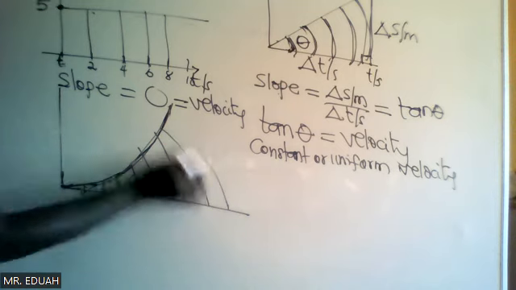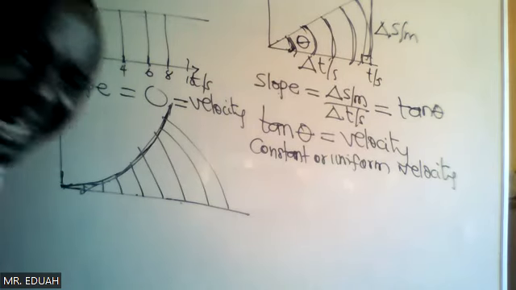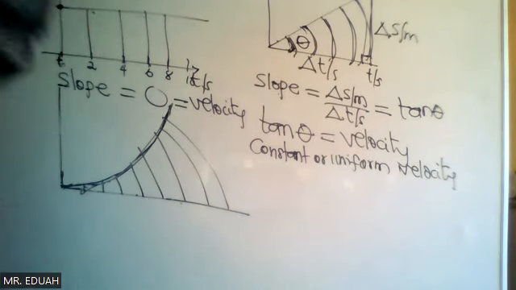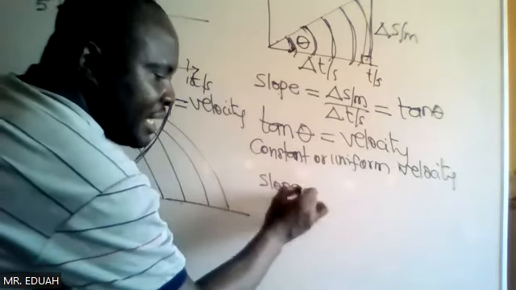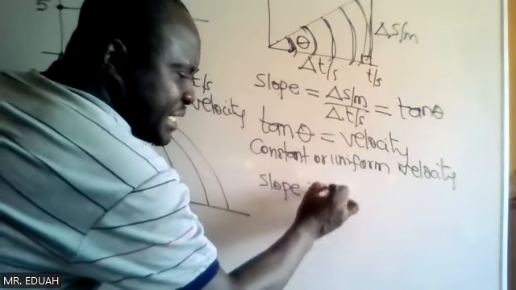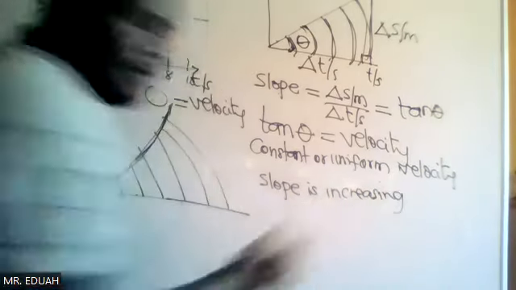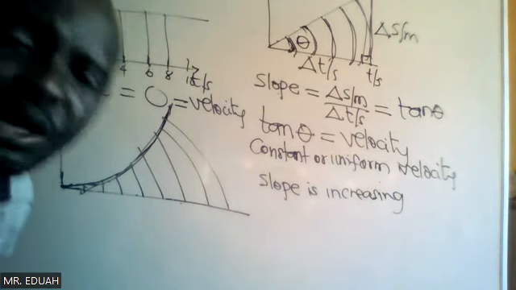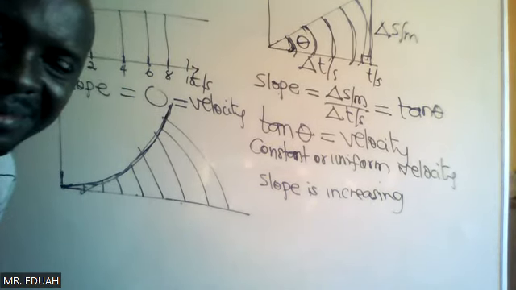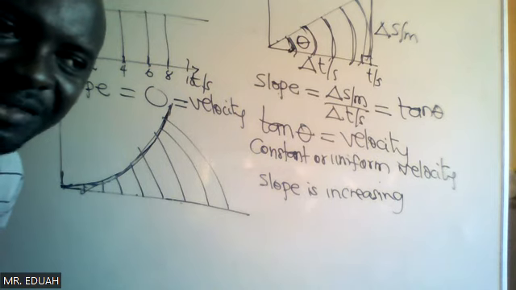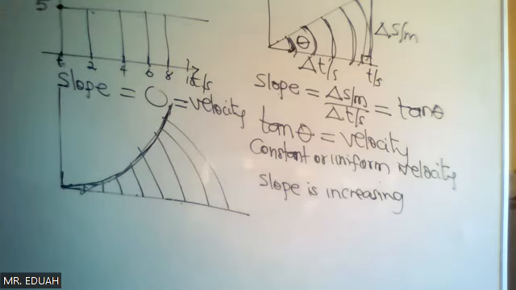Well, the angle is increasing. Now, if the angle is increasing, then it means that the slope is increasing. If the slope is increasing, then what is increasing? Velocity.